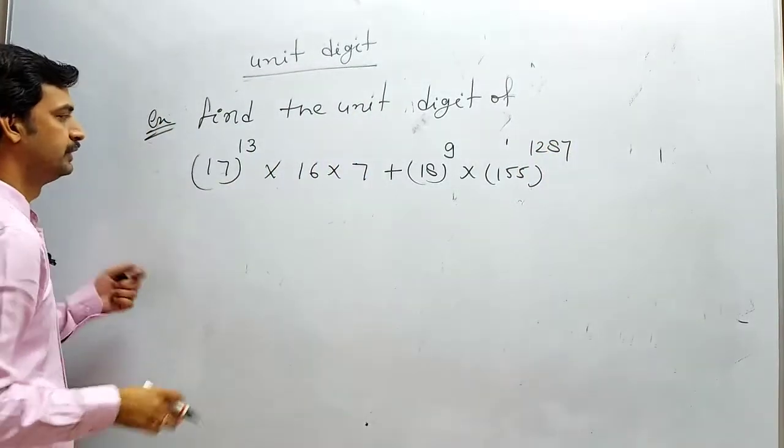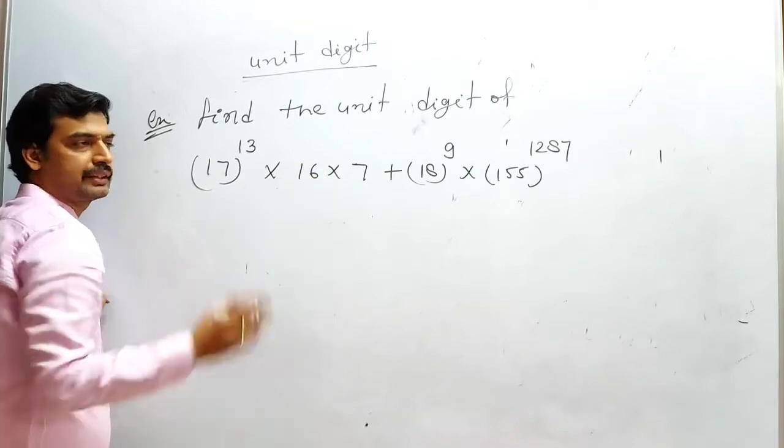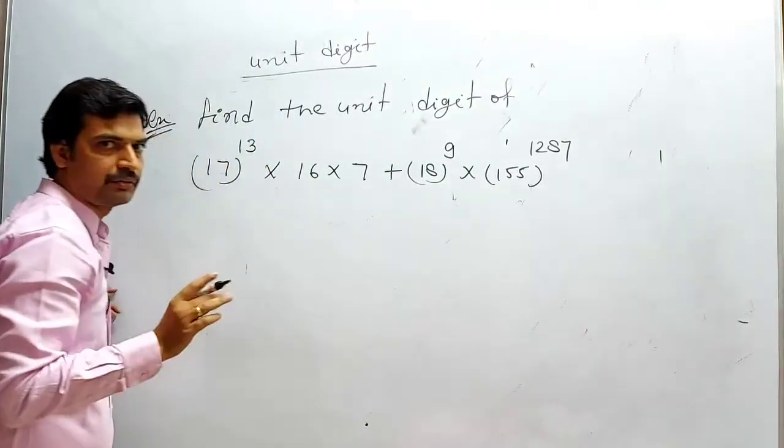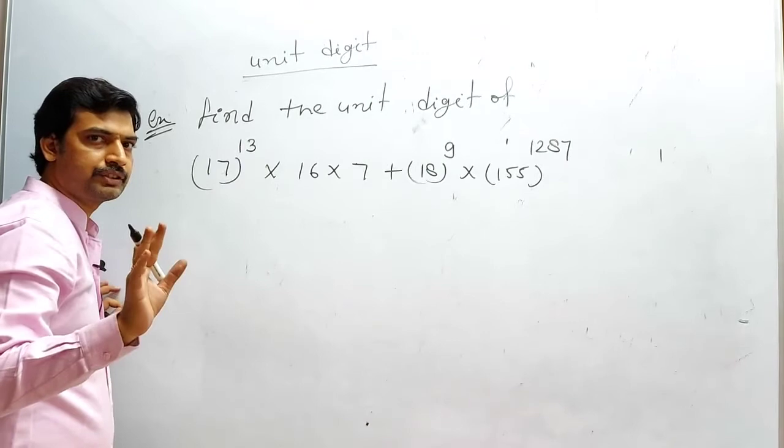Unit digit of this one. So now here, these are direct numbers, and this is the number used as the power.